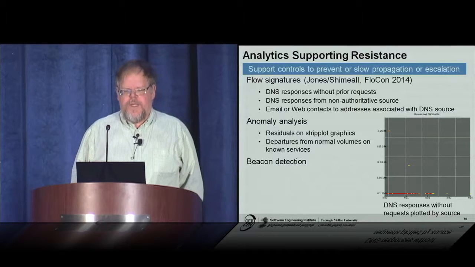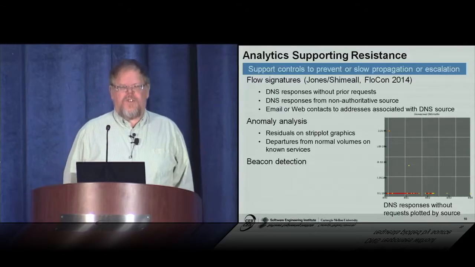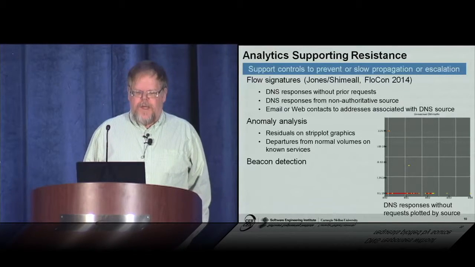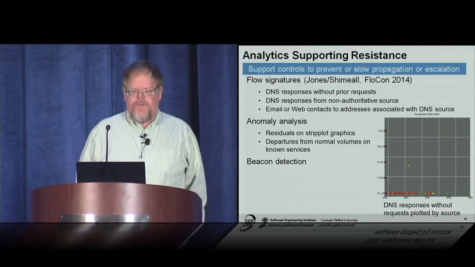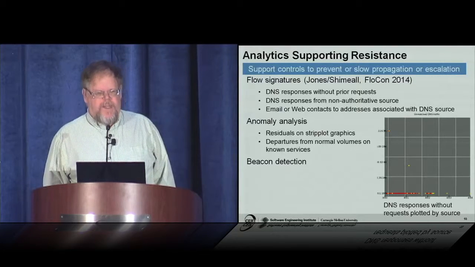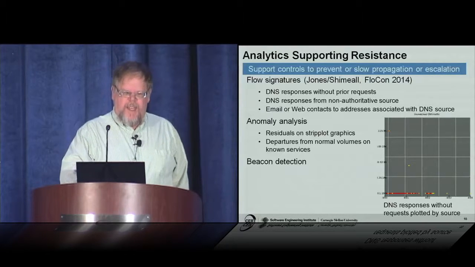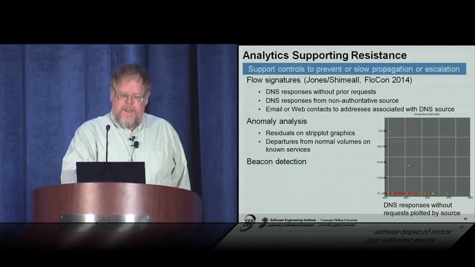George Jones and I presented last year on a system to do flow-based signatures, or multi-source-based signatures, actually, correlating different data. But the idea here is to be able to tie together several different patterns of activity in the network and be able to cumulatively deal with that and use that to spot attempts to propagate or exfiltrate data or attempts to escalate levels of privilege based on the changes in system behavior.